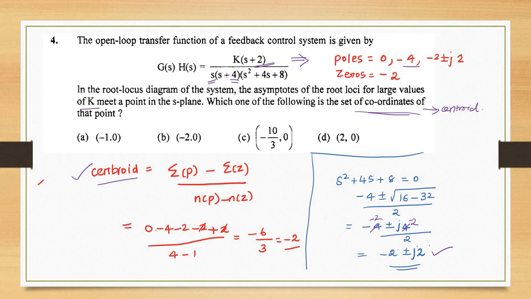Sum of the real values of the poles: 0, minus 4, and minus 2 for each of the 2 complex poles, plus minus of minus 2 for the zero, divided by the 4 poles minus the 1 zero. So minus 4 minus 2, that is minus 6, divided by 3, that is minus 2. So option B is the correct answer.